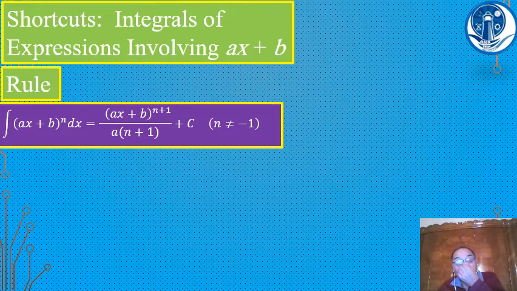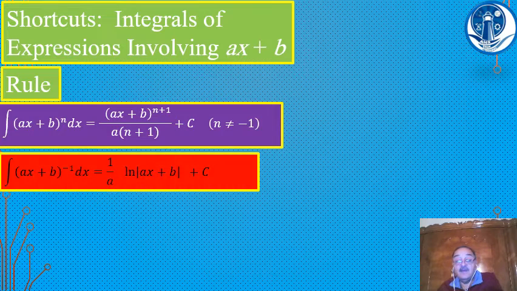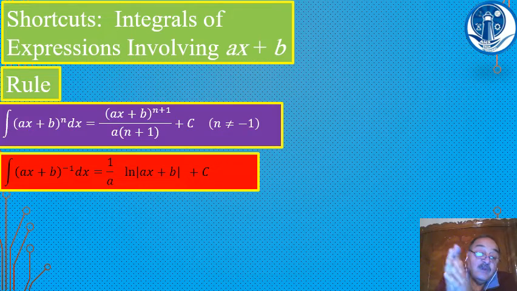Here n mustn't be equal to negative 1, because the domain is R excluding negative 1.